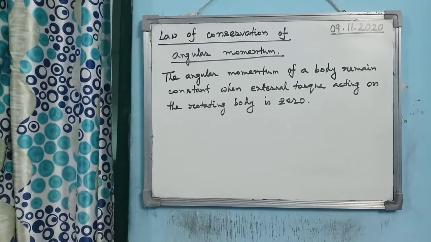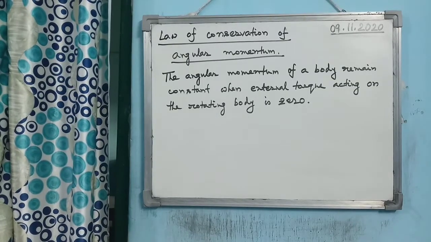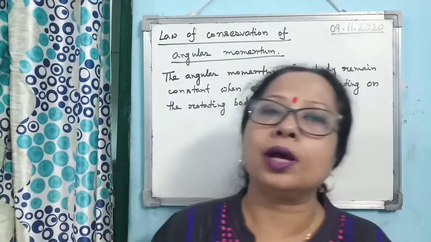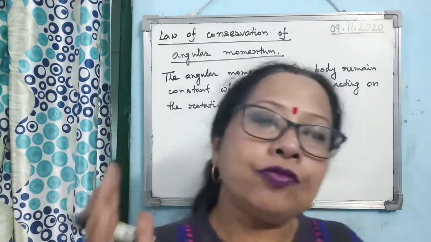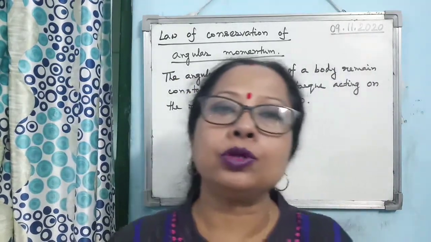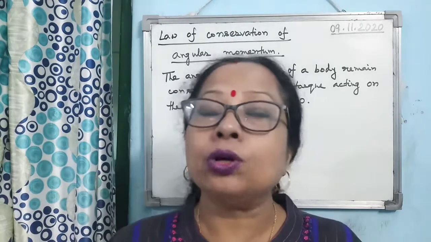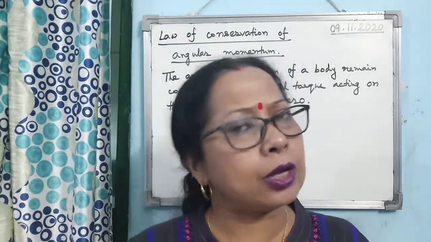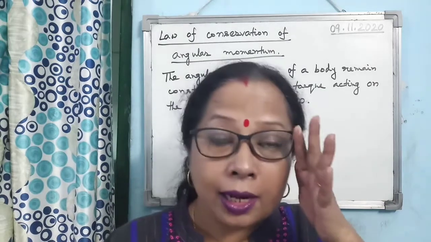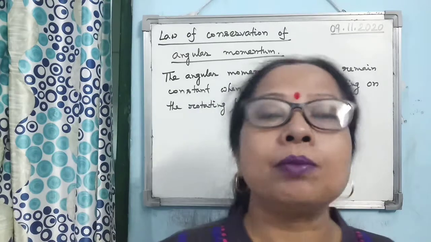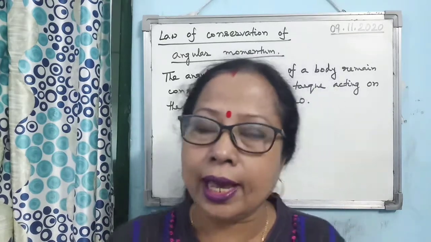Now the next very important concept or topic in physics is the law of conservation of angular momentum. If you remember everything by the comparison method, translational motion details you have already learned. In translational motion you have learned the law of conservation of linear momentum: when the external force acting on a body is 0, then the linear momentum of the body remains constant.